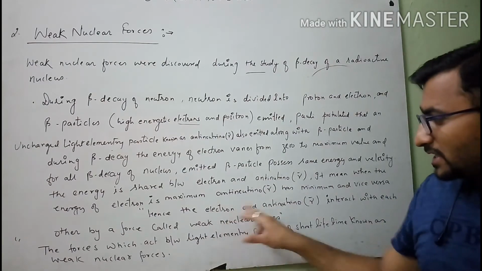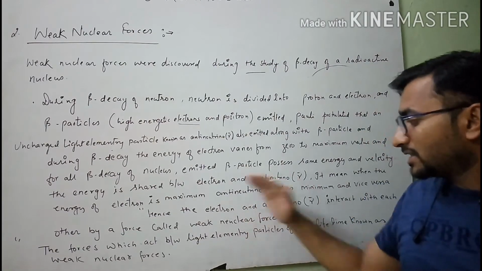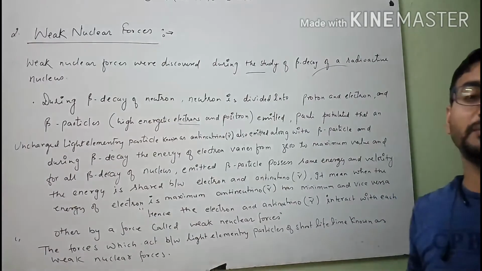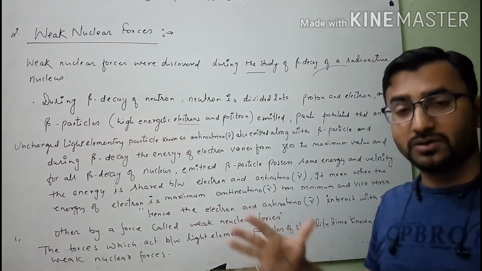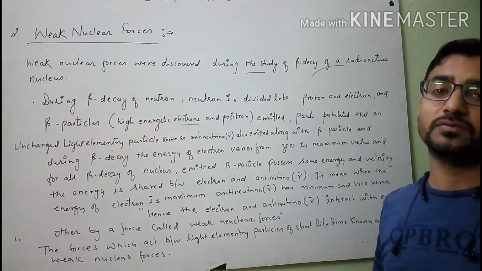Because these two particles have a short lifetime, similarly the other light particles have a short lifetime. Between them they interact with each other by a force which is called the weak nuclear force.